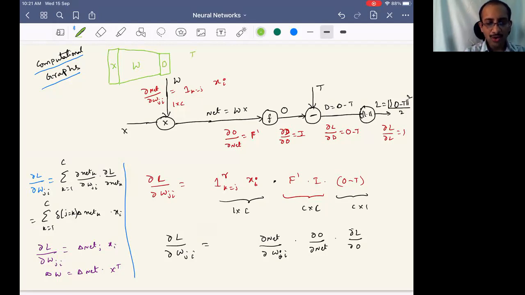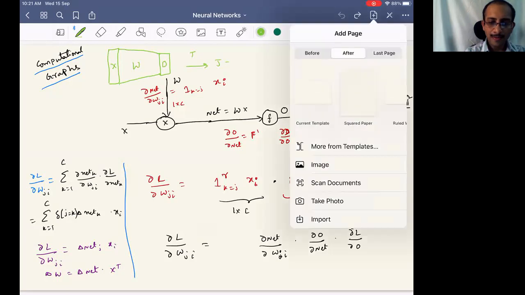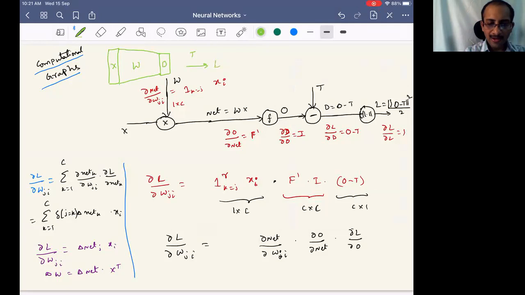Given the ground truth T, the loss function L is equal to half the norm of O minus T whole square. So this is a single layer neural network without a hidden layer.